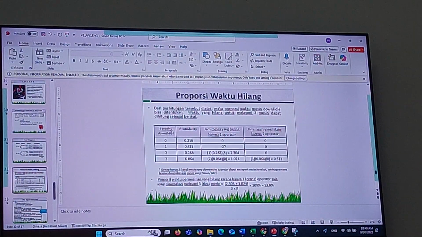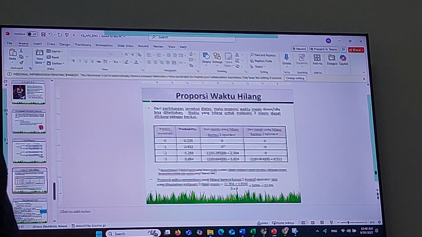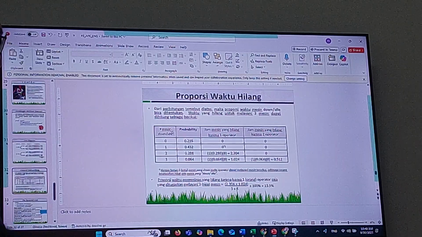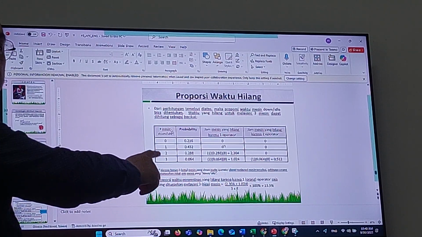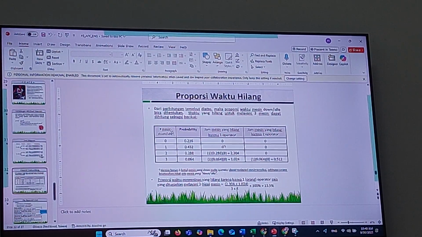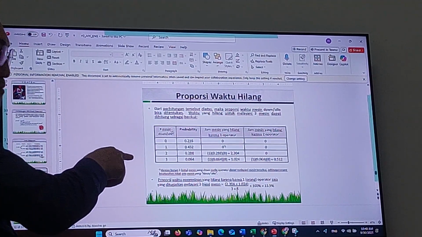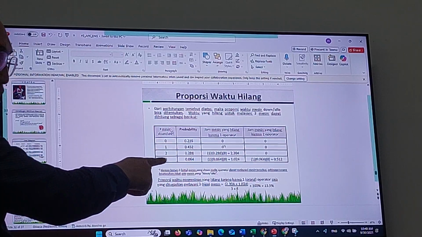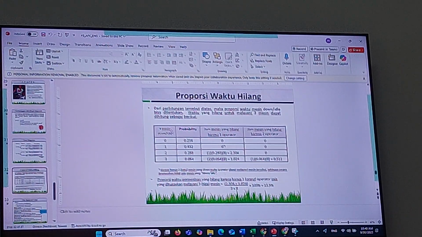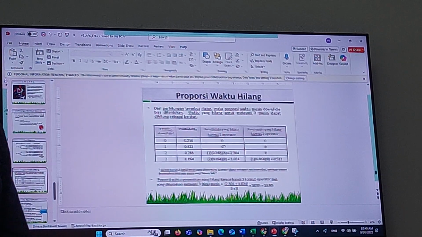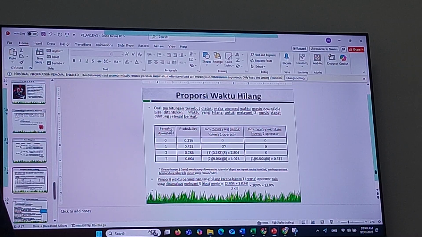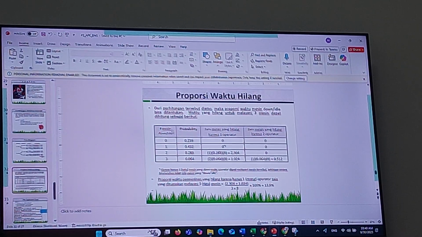The total is 0.288. The last, 3 machines idle. If we have 4 machines, you should add 1 more: 0, 1, 2, 3, and 4 machines. Understand?